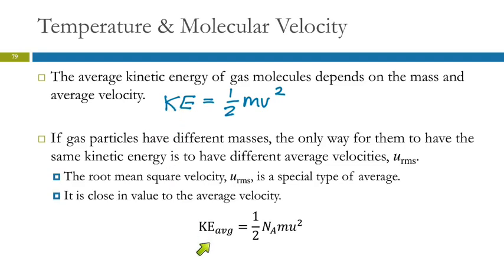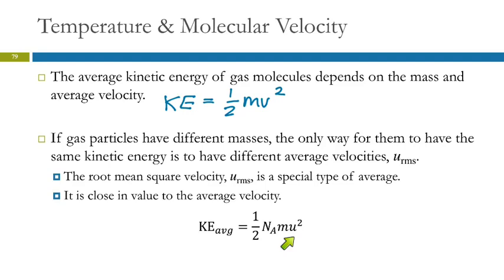So average kinetic energy will be 1/2 the number of particles times the mass and the root mean square velocity. So in order for these to have the same kinetic energy, if they don't have the same masses, they're not going to have the same velocities, but they can still have the same average kinetic energy.